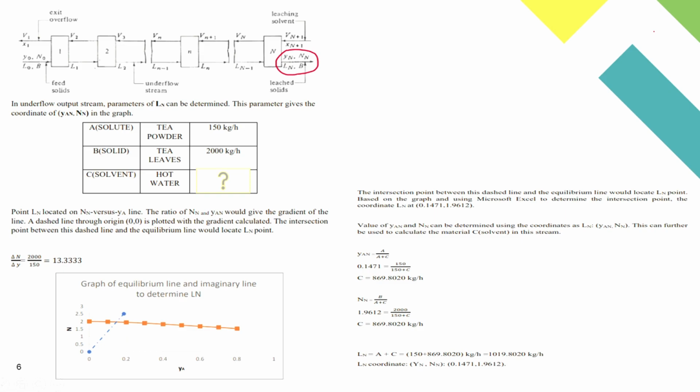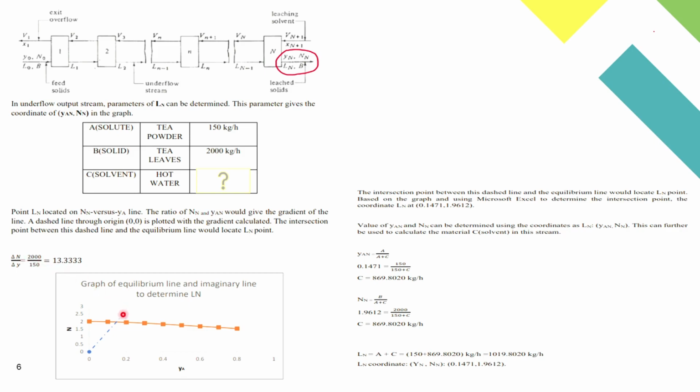Now moving on to the next stream, we assume the values of A solute and B solute as follows, but we do not know the value of solvent, thus it is hard for us to locate the Ln coordinate. But as we know, Ln lies on the graph and has the ratio of Nn and Yn, and the ratio is 13.333.